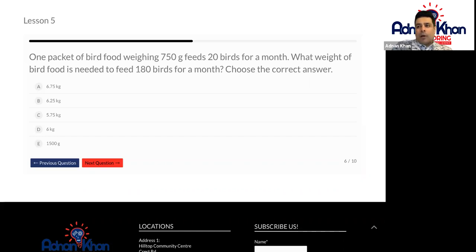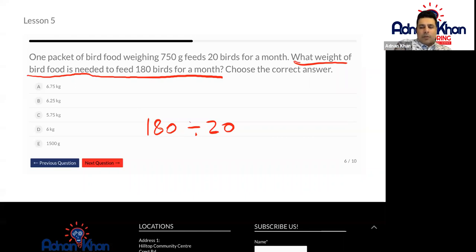So in this case, what we're trying to do is work out the weight of bird food needed to feed 180 birds for a month. So first of all, we have 180 divided by 20, which gives us 9.